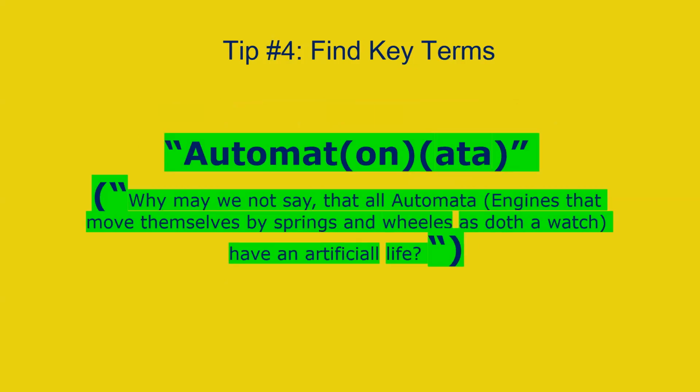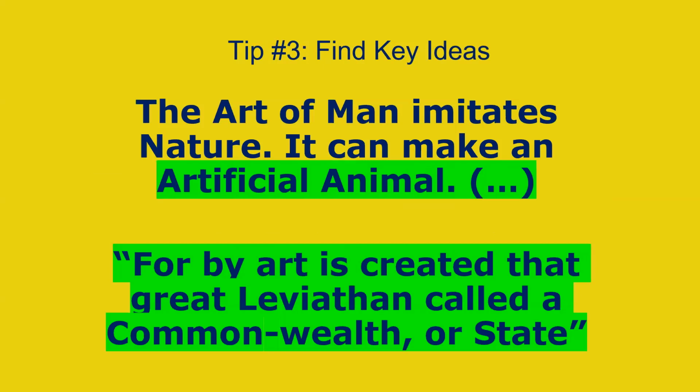Here's the definition. The art of man imitates nature. It can make an artificial animal. Hobbes echoes that, the word art and skill, in his statement about what his book is about. The Leviathan, or commonwealth, is created by art. That is a key idea.